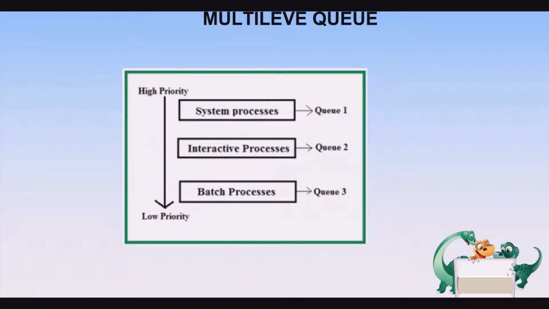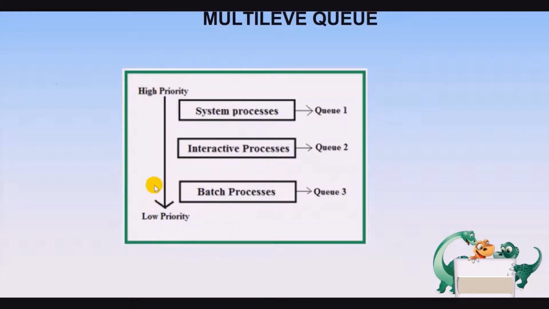The ready queue is divided into separate queues for each class of processes. For example, let us take three different types of classes of processes. You've got the system processes, the interactive processes, and the batch processes. The level of priority is from high to low.